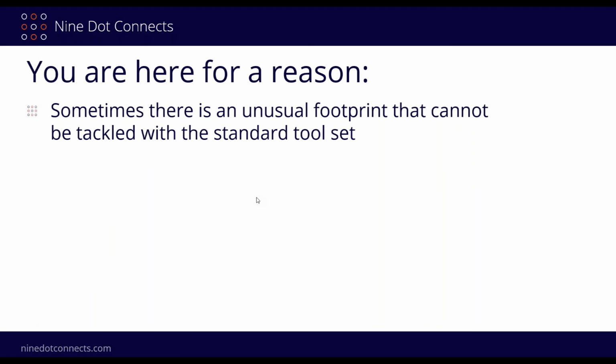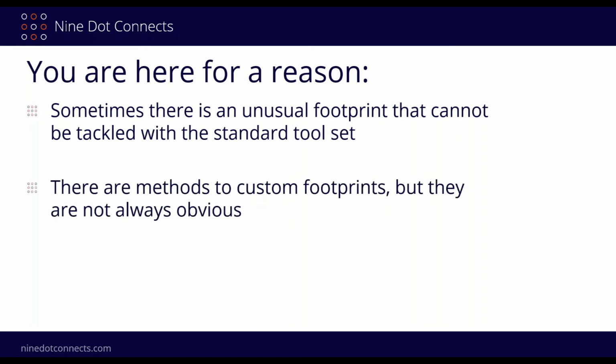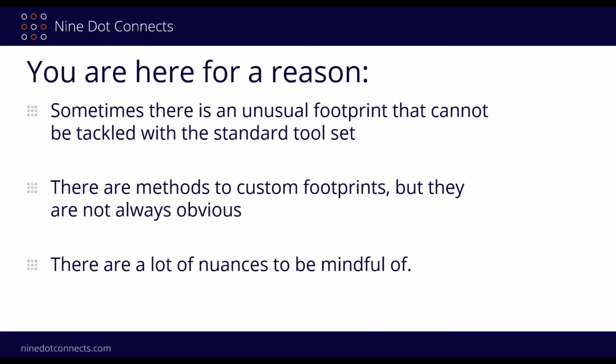In the case of the touch libraries, we started them in the schematic editor, or everything else I showed you was pretty much done in the PCB doc and then pushed over later on. So there are methods to custom footprints, but they're not always obvious. Maybe you found a couple of things here today that you didn't even know Altium had the capability of doing. And of course, there are a lot of nuances to these things, which you just have to practice to ultimately understand.